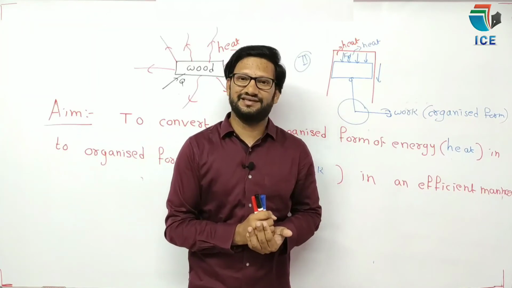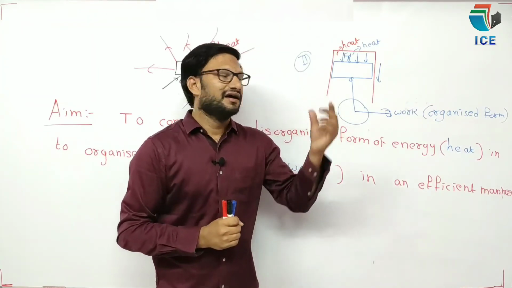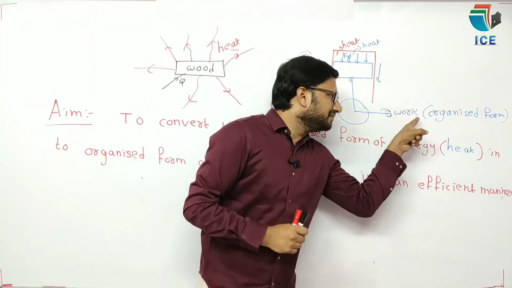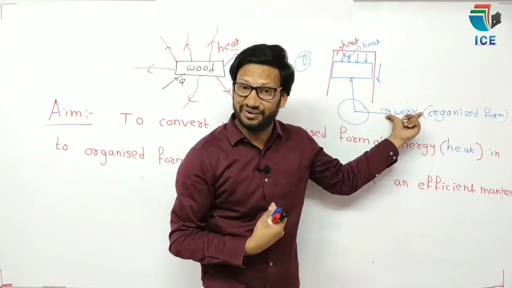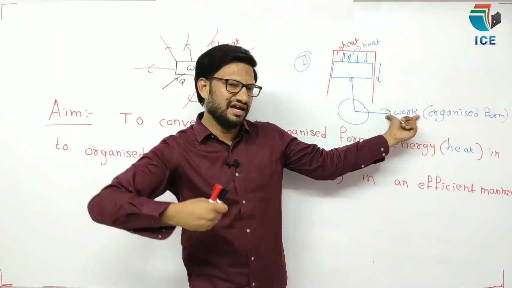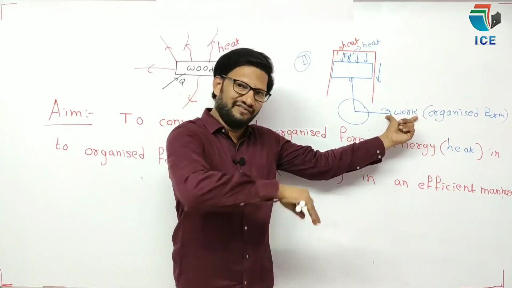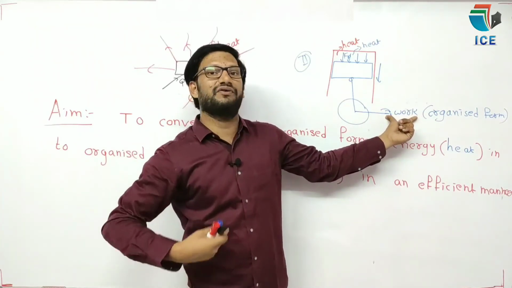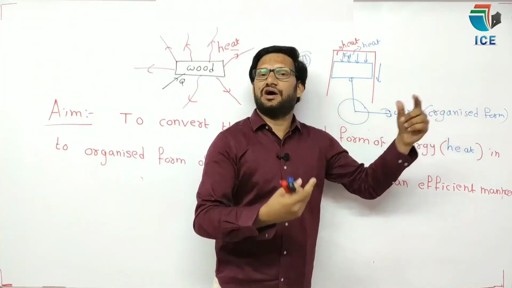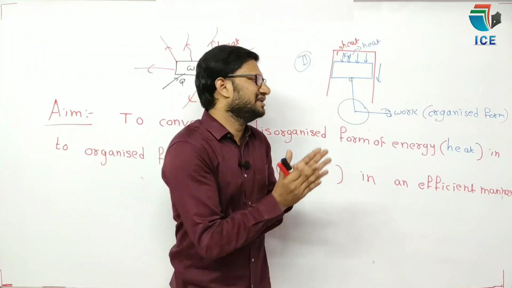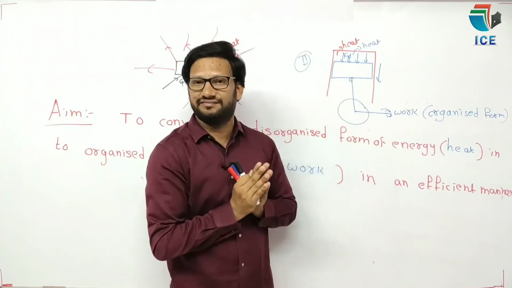What it means is that the work output from the IC engine, the mechanical work, is in our control. That is, we can ride at whatever speed we want. We can take a left turn, a right turn. We can stop wherever we want. That is, the work is in our control. We can use that in a systematic way.